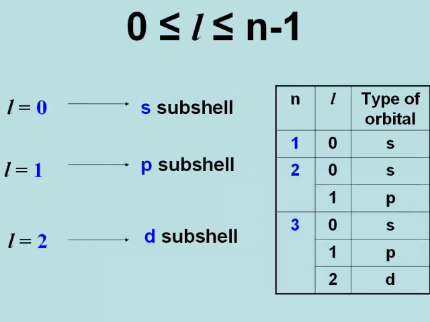So at the n equals 1 level, we have an s orbital or an s subshell. At the n equals 2 level, we have 2 subshells, that is, an s subshell and a p subshell. At the n equals 3 level, we have 3 subshells, an s, a p, and a d subshell.